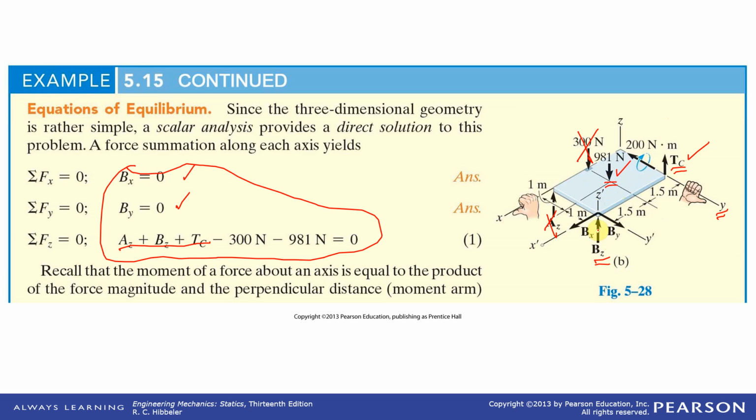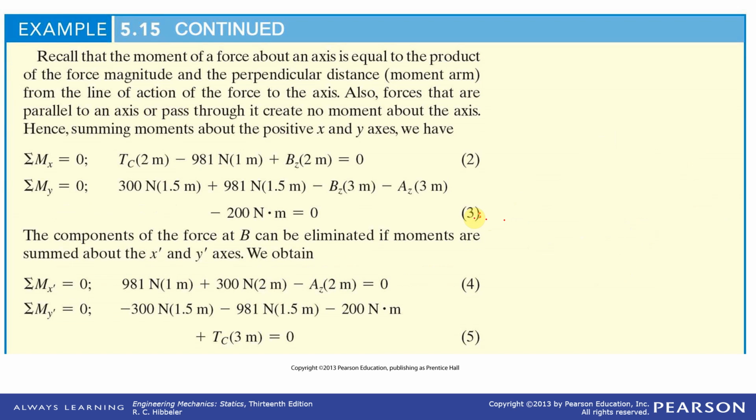And one more force is going to contribute to the x-axis moment, and that's BZ, which is going to tend to be a positive quantity. TC and BZ are positives, the 981 is negative. Okay, let's take a look, see if we got the right equations. Yep, right there.